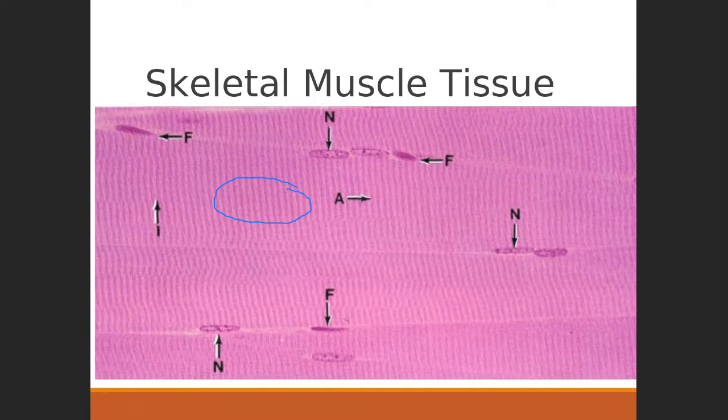Where the darker bands are, we're getting more filament overlap. And when we finally talk about muscle tissue down the road, we'll talk about how those filaments slide over one another as the muscle contracts. In any given organ, we will typically see these long muscle fibers run from one end of the organ all the way to the other.